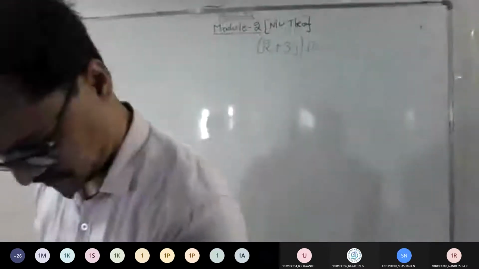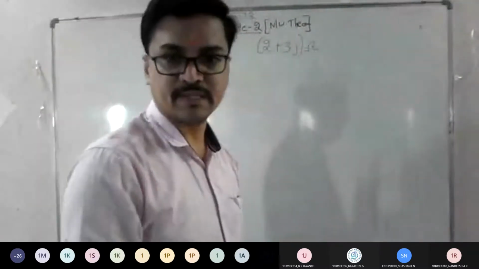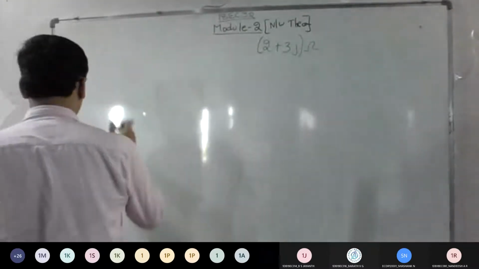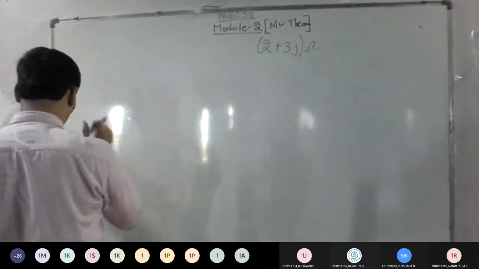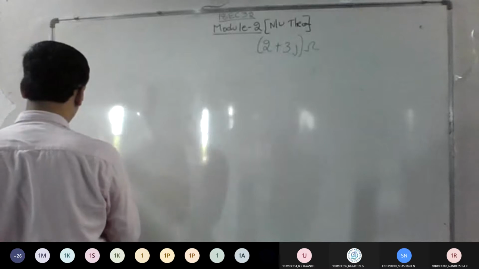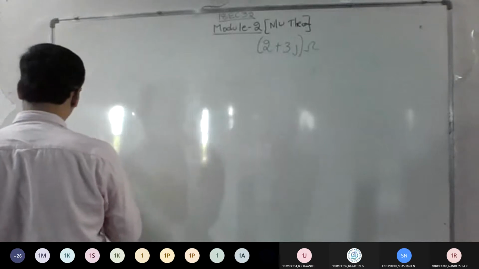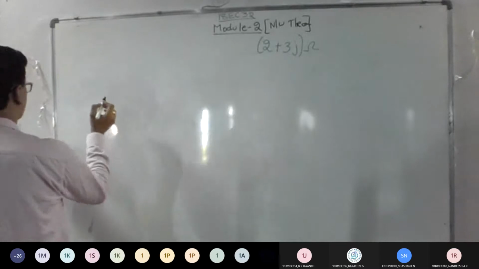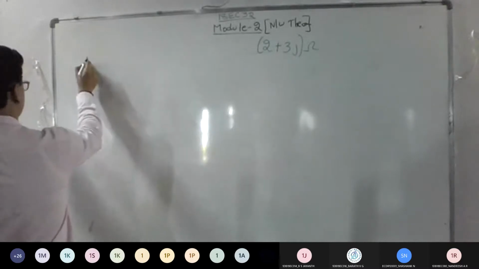Using Millman theorem, obtain the voltage Vs for the network shown below.